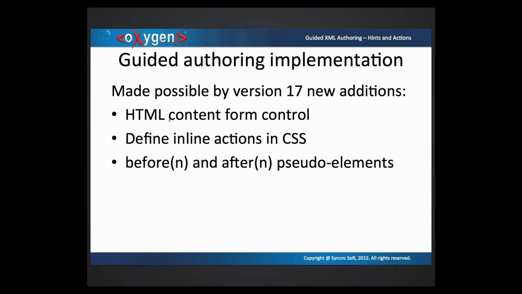Maybe you want a list, or you want to emphasize some part of that, and so on. So I asked Alex to develop this HTML form control, so we can just point to an XHTML fragment and have that rendered as static content in the author view. Then this possibility to define inline actions allowed us to easily generate all these actions that represent the content model and show them in the document.